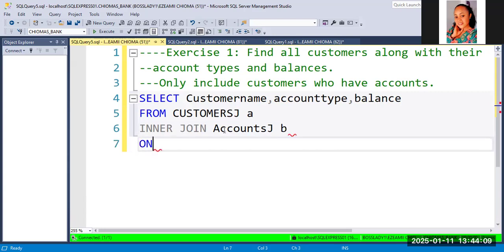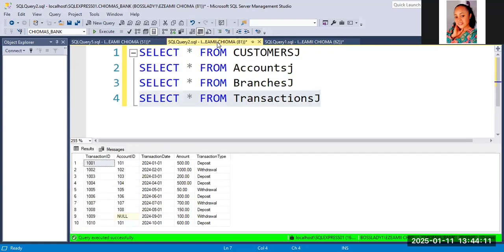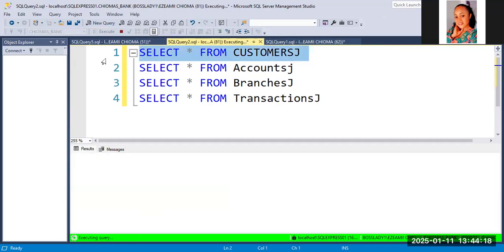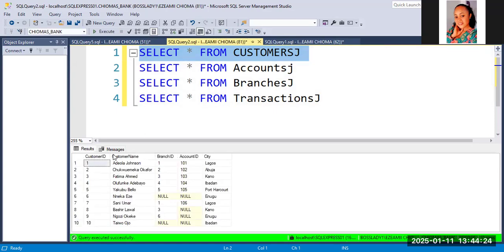So what are we joining on? We can look at the customer table again, because what we are to join on is very important so that we make sure the result we are getting is valid, okay? If you look at this now, we have customer ID in this table. That's the primary key in this table. Let's check the account table and see.